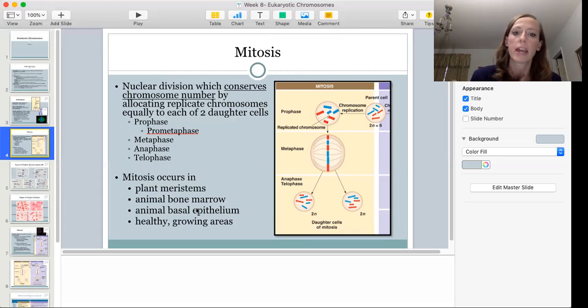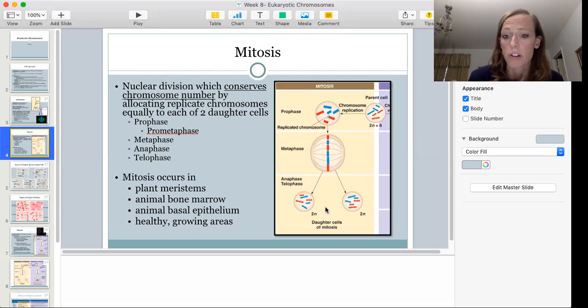So this is a form of nuclear division that is producing two sets of genetic information that will ultimately become two daughter cells. An important feature is that you have a replication of each of the chromosomes, one division, so then you have the same exact number of chromosomes as you began with in the parent cell.